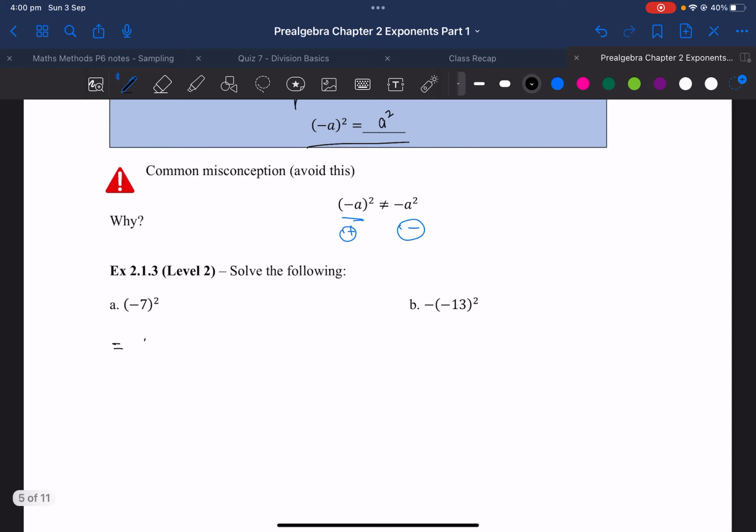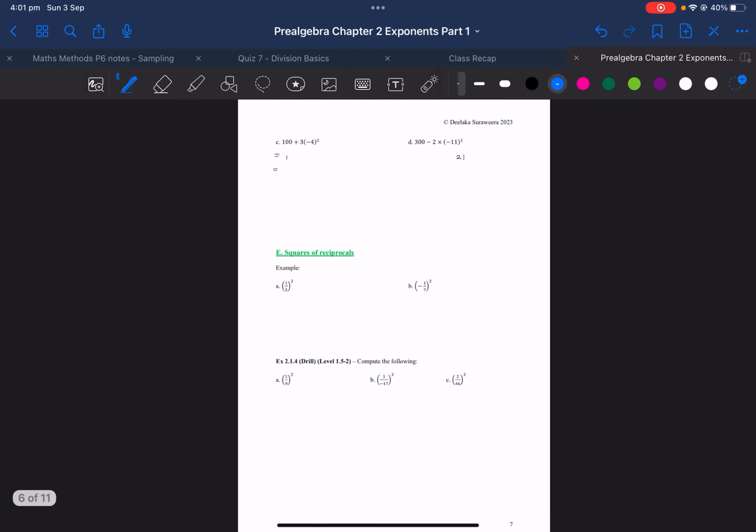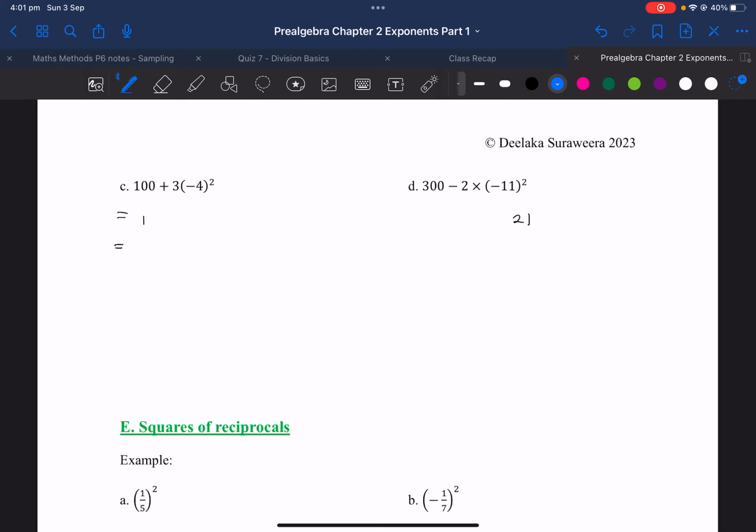So the answer to this one is 49, because negative times negative is positive 49. This one is the negative of 169, which is just negative 169. That's our answers. Alright, now we're going to do some more, not that tricky.